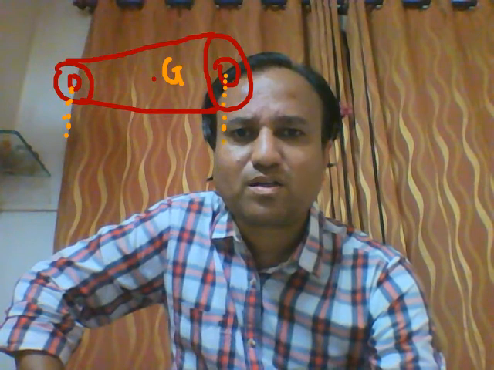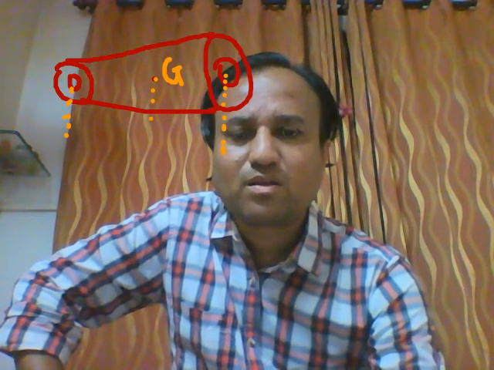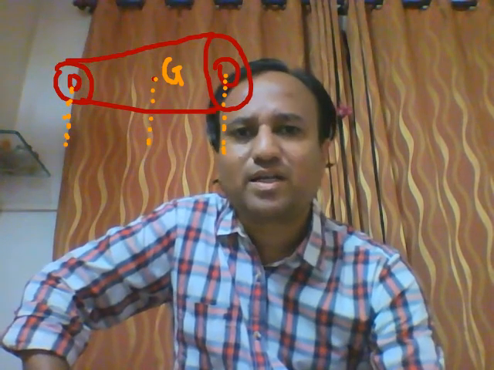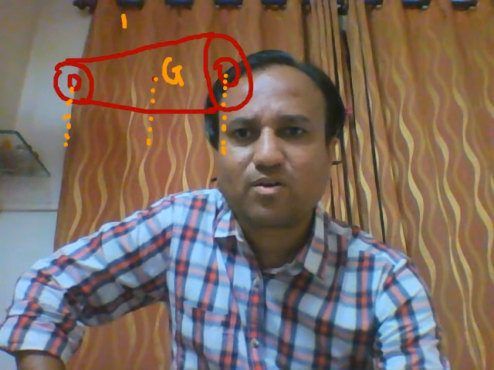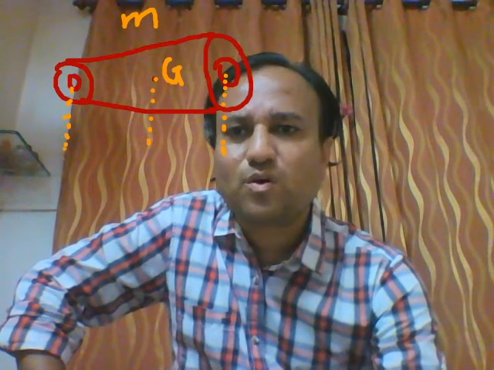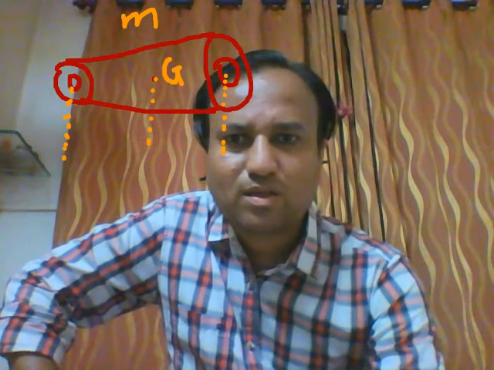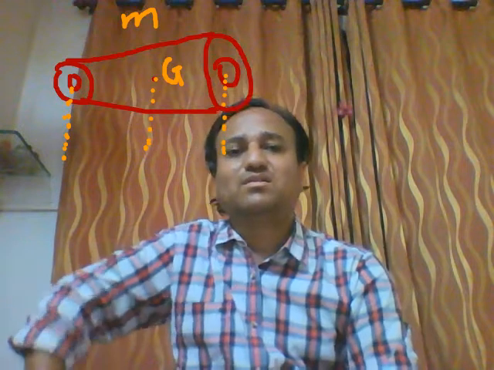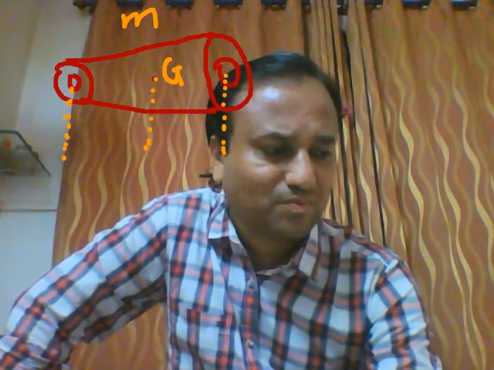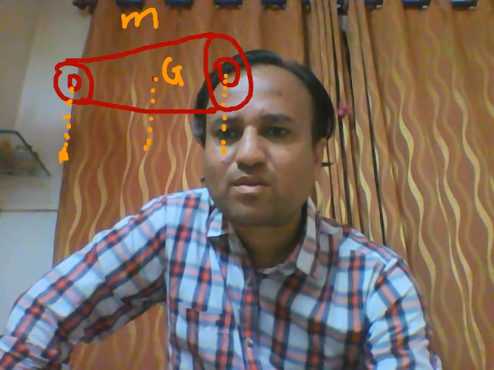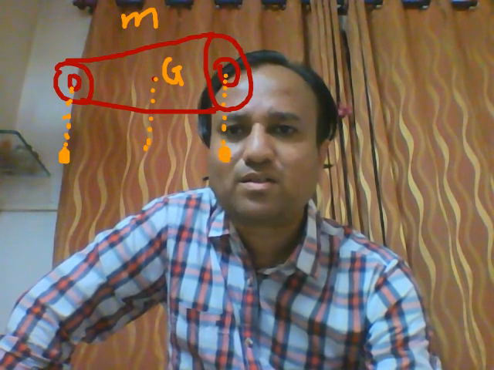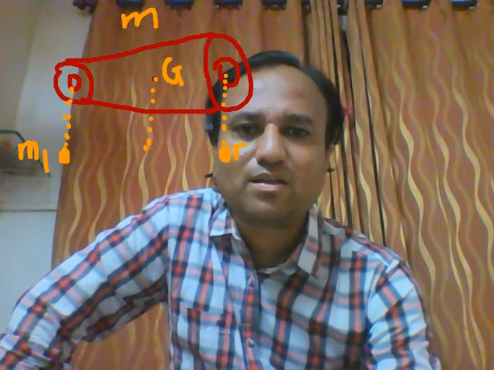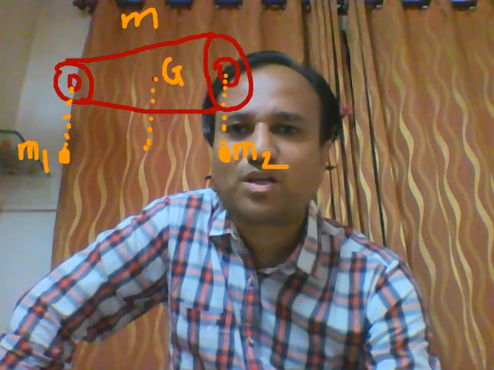Comparison of the dynamically equivalent system with and without correction couple. So first, the connecting rod, let the connecting rod have a mass m. If I have considered an arbitrary system, then at the small end I place the first point mass, and at the big end I place the second point mass.